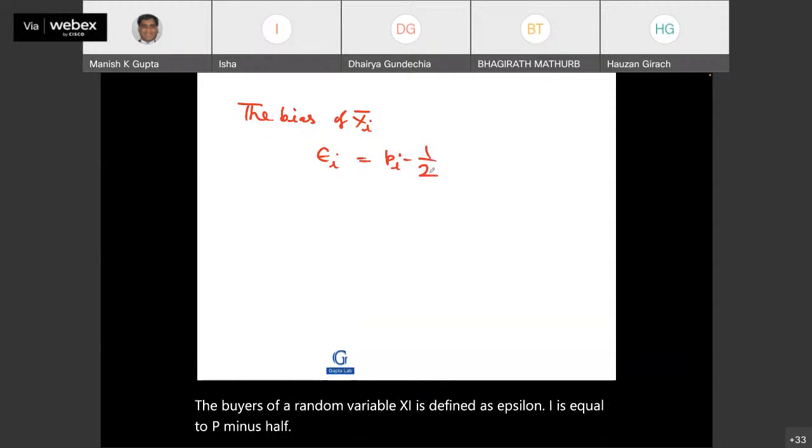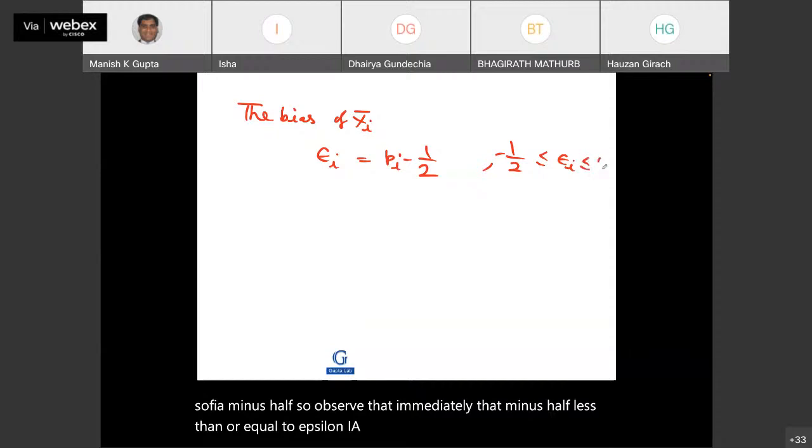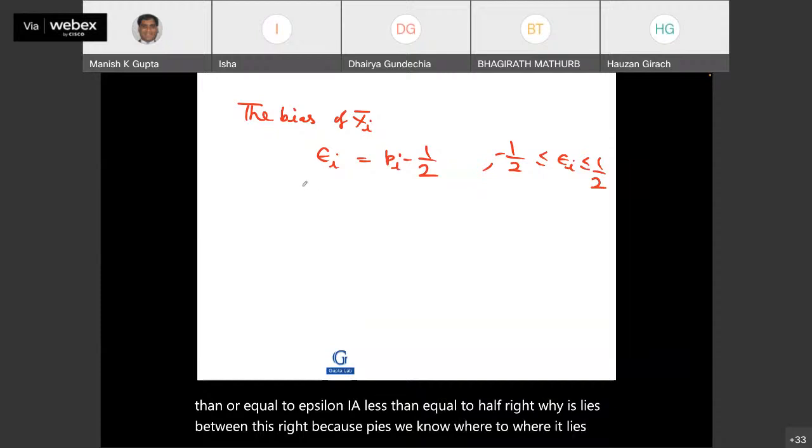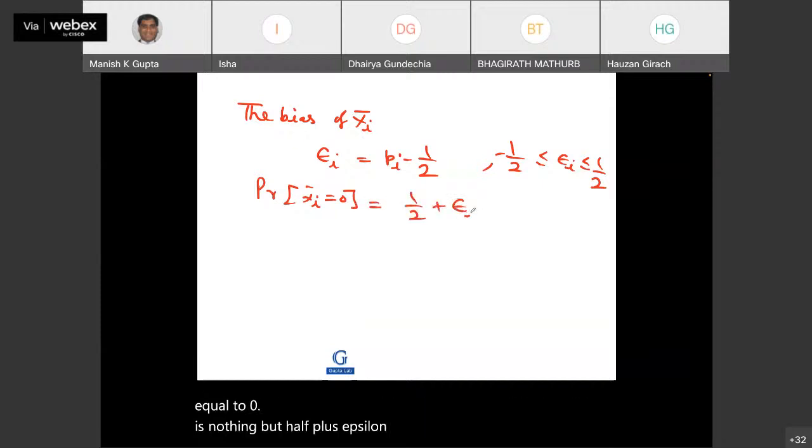Observe immediately that minus half is less than or equal to epsilon i, which is less than or equal to half. So we can define that the probability that xi is equal to 0 is half plus epsilon i, and the probability that xi is equal to 1 is half minus epsilon i, for i equal to 1, 2, 3, and so on.